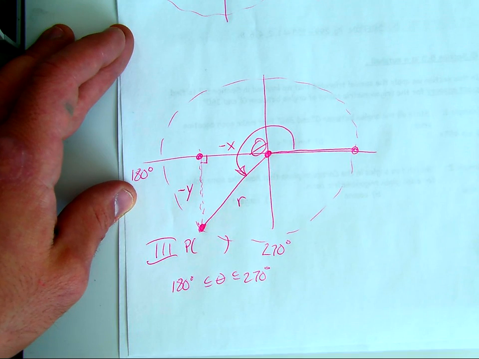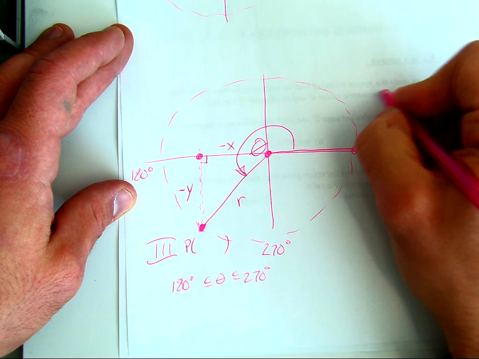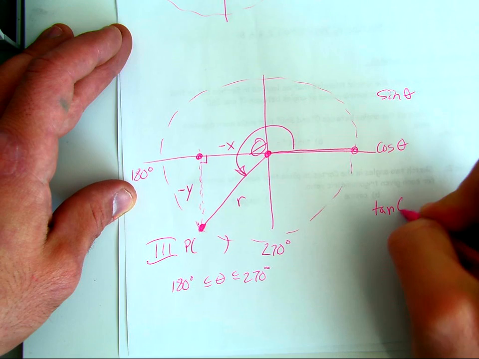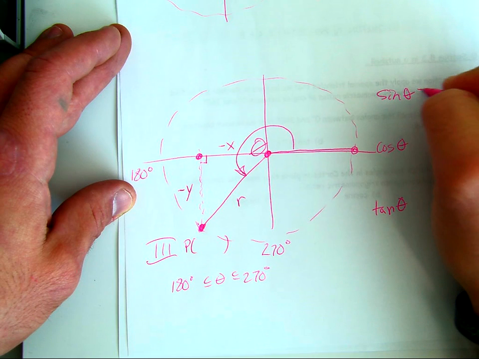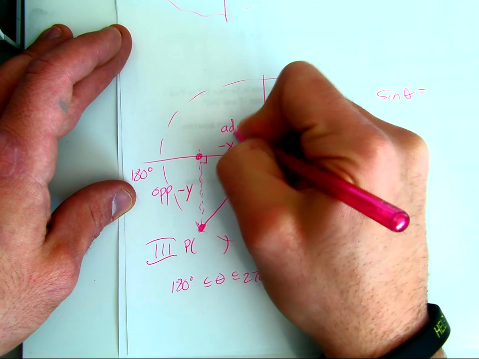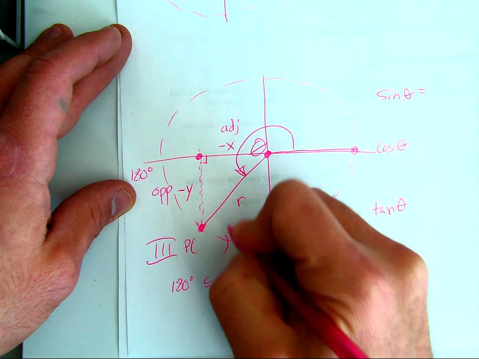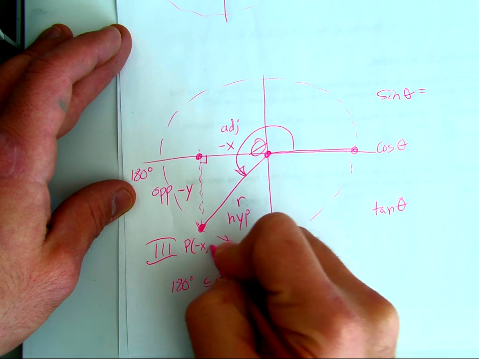It's a measurement. So looking at sine, cos, and tan for quadrant number 3, we know that opposite is your y, adjacent is your x value, and r is your hypotenuse. So this point here is going to be a negative x and a negative y.